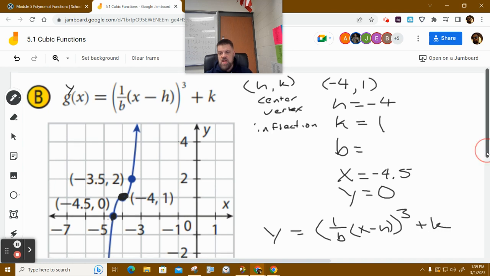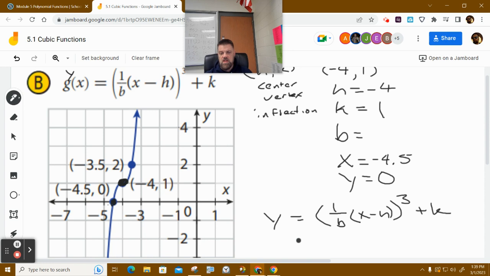Then I'm just going to take those terms and plug them in. So my y value is 0. Then I've got 1 over b. I don't know what b is yet. Then for x, I have -4.5 minus my h value, which is -4, cubed, plus k, which is 1.